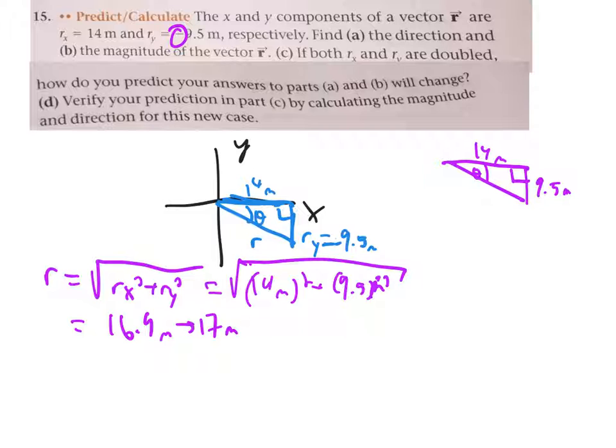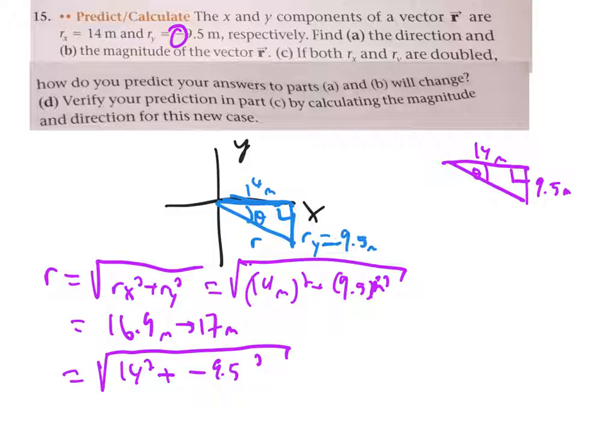By the way, you need to be careful because if you type this into the calculator with the signs, you have to say square root of 14 squared is fine, but you can't put plus minus 9.5 squared, because the calculator knows that in mathematics, the exponent binds more tightly.